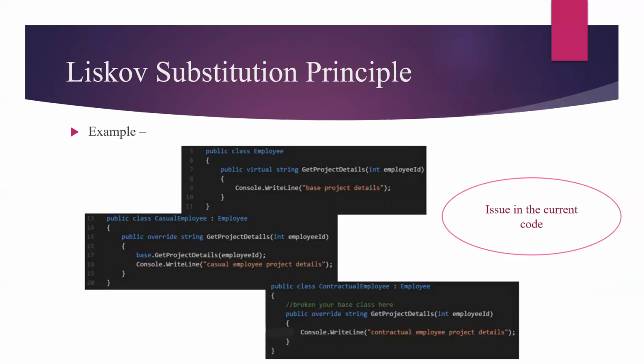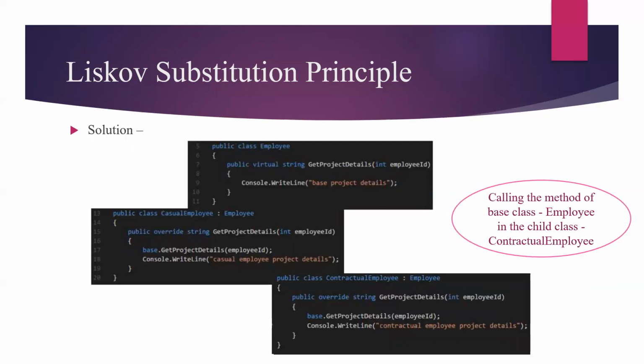So in order to solve this, we have a solution. Let's see that. So now you can see that in our ContractualEmployee class, we are calling the GetProjectDetails method of our base class, which is the Employee class, by using the base keyword.